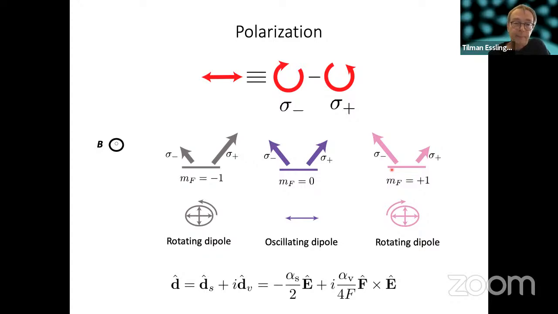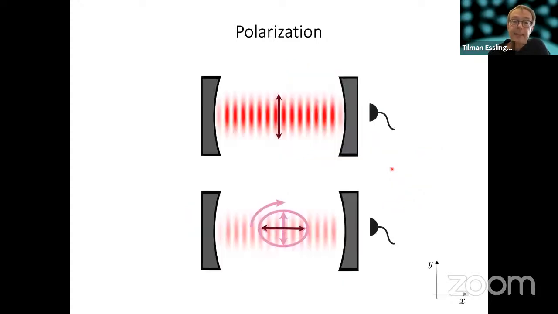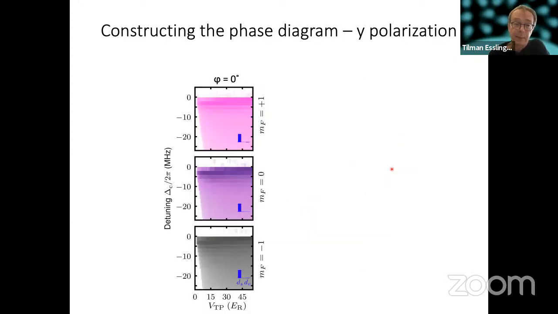Let's now look at that. That is basically summarized: if you have mF=-1 or +1, you should be able to scatter. And now we did that in the experiment.